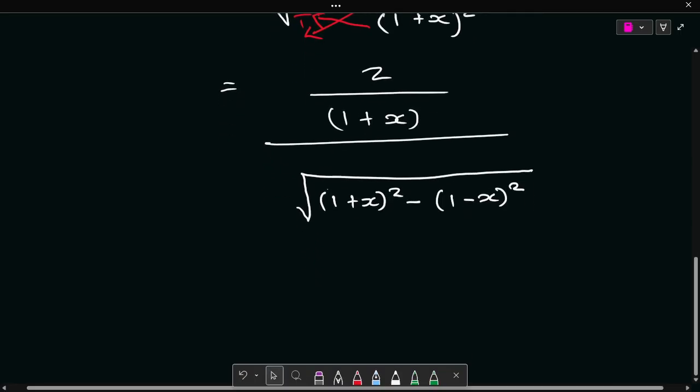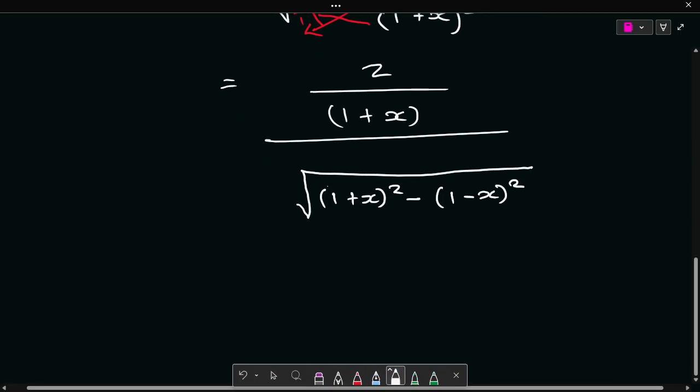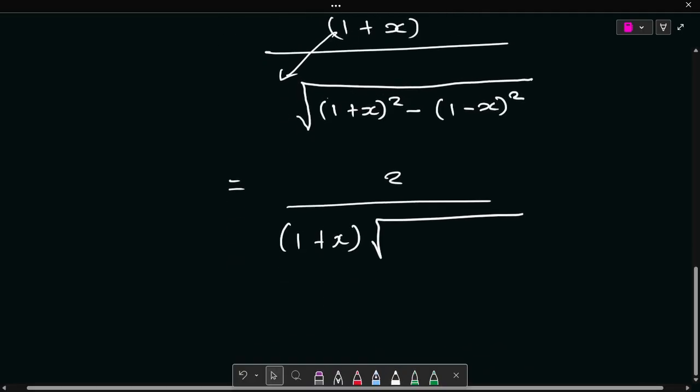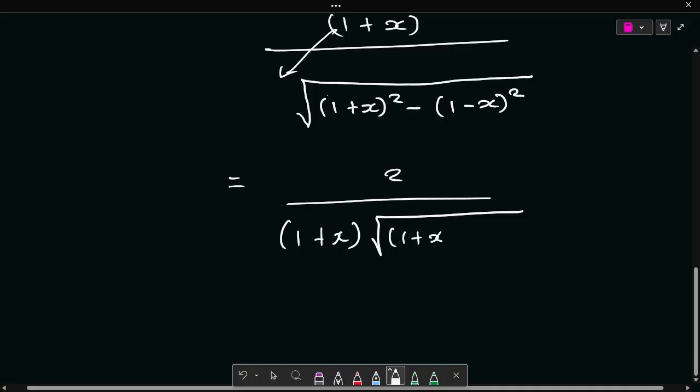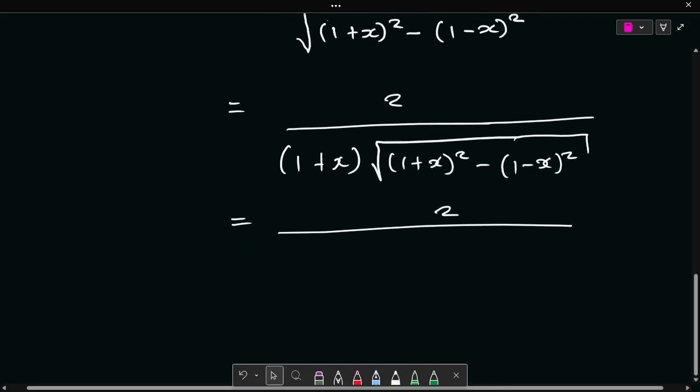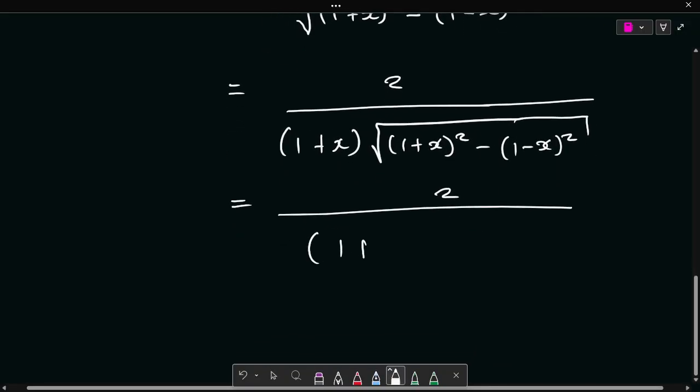Okay, so we know that this can be written as 2 over, this one can drop down here, 1 plus x, the square root of 1 plus x squared minus 1 minus x squared. So we have 2. Now we need to deal with what is inside the square root.